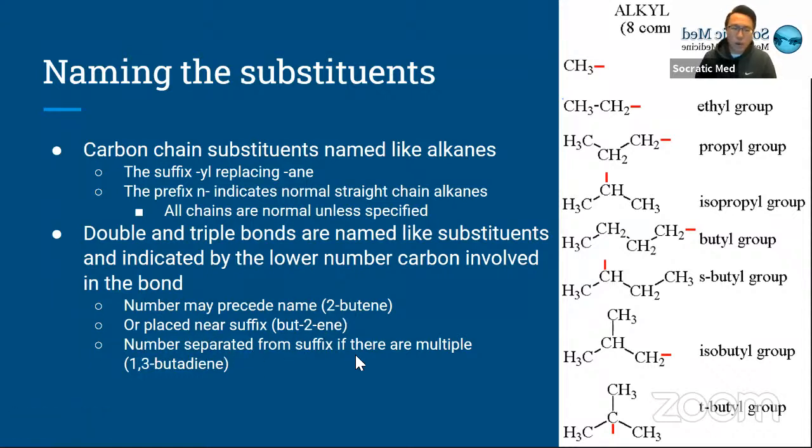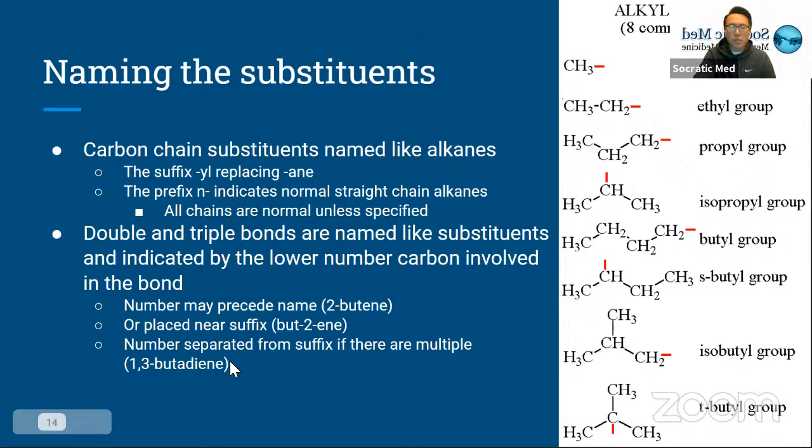And if there are multiple double or triple bonds in the molecule, you have to specify where they are. So if there's a double bond starting at 1 and then a double bond starting at 3, you have to write it as 1,3-butadiene. That specifies there's a double bond at carbon 1 and a double bond at carbon 3.